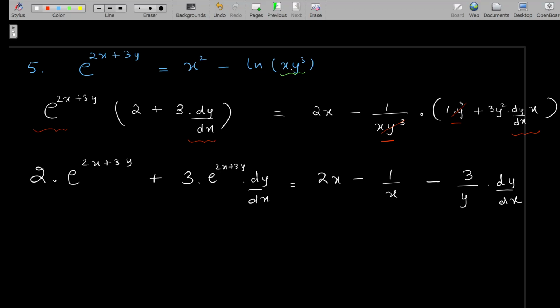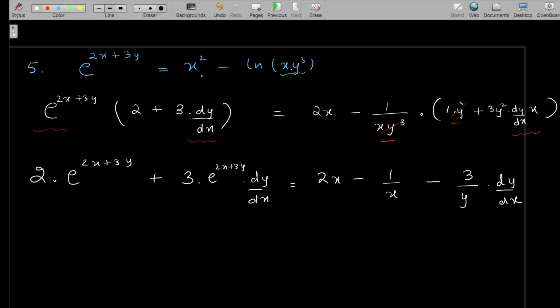Anika, now you can collect, just bring the dy over dx terms together. Would I have to divide by dy over dx to get it to the other side?